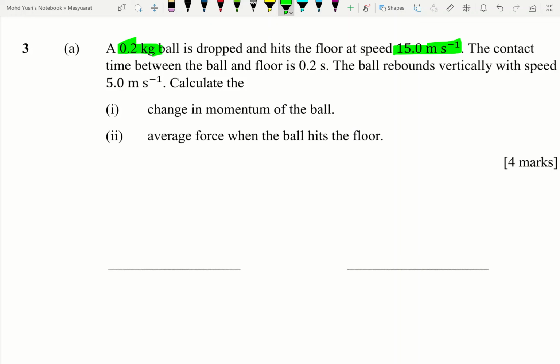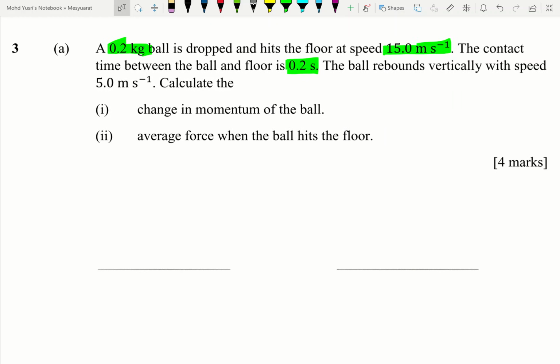The contact time between the ball and the floor is 0.2 second. The ball rebounds vertically with speed 5 meter per second. Calculate the change in momentum of the ball.